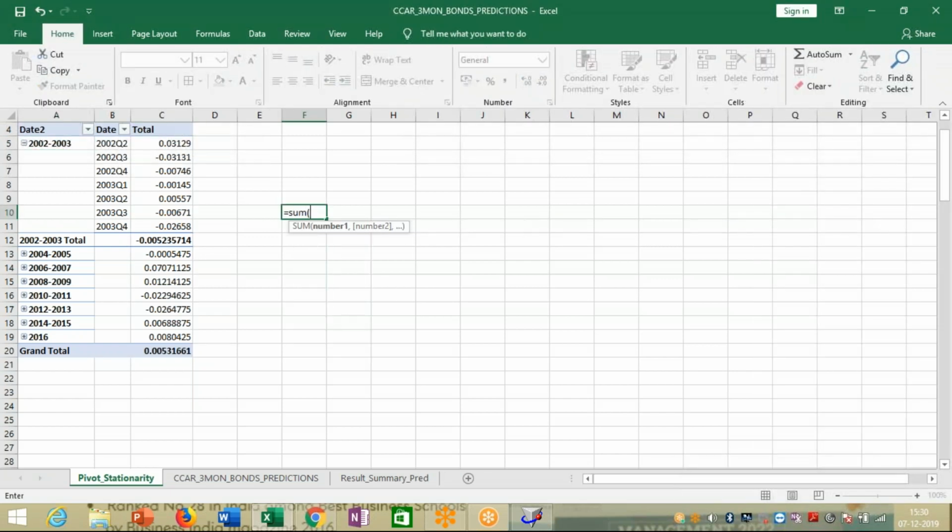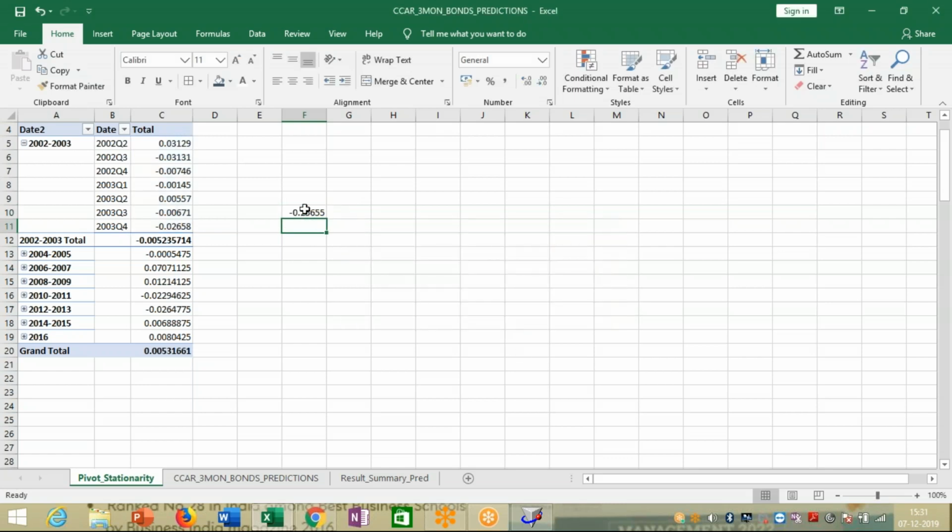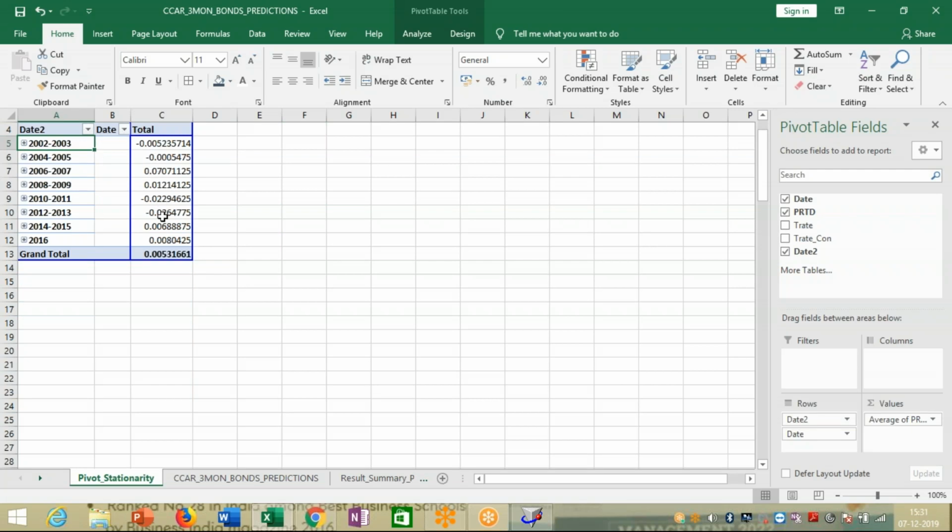So I'll just do a sum over here. 1, 2, 3, 4, 5, 6, 7. So this is the average figure, right? These are these averages.